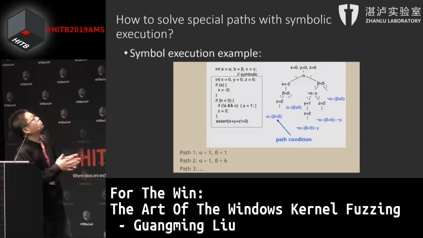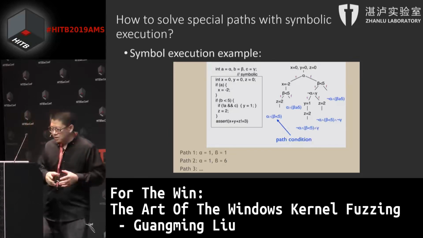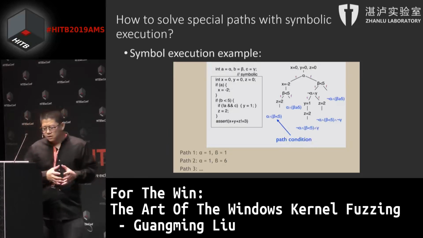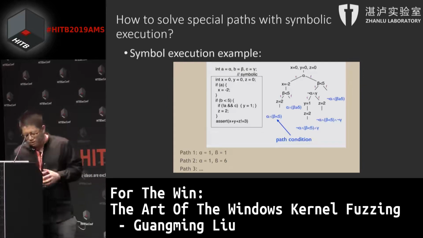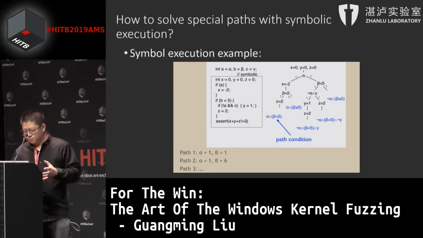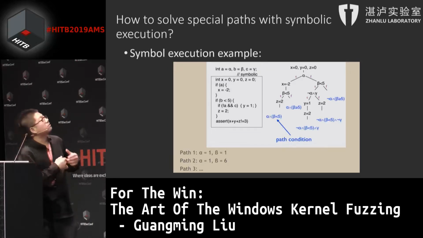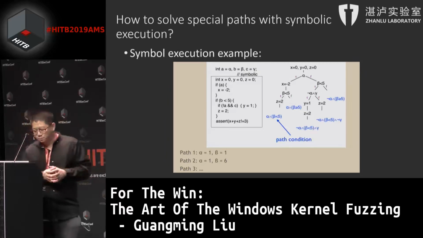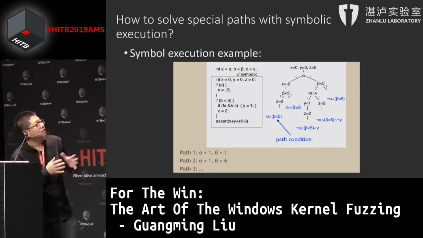Here is how to solve the special path with symbolic execution. If we meet the particular code, S2E will calculate the path conditions for us. That's like a filter.